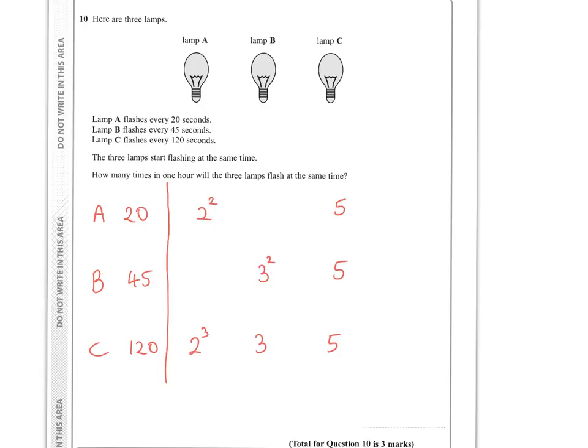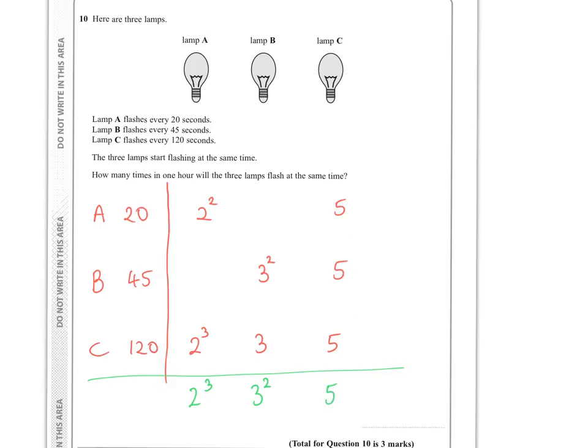And the way of finding the lowest common multiple, which is really easy, is you just look down each column and you choose the highest power that you've got. So 2 cubed. In this column, 3 squared. And in the last column, 5 to the power 1. They all share that anyway.